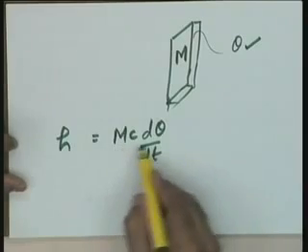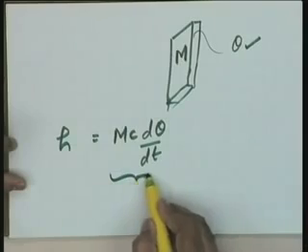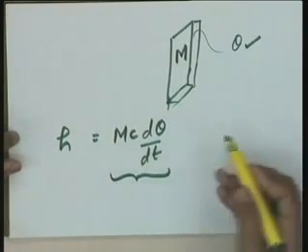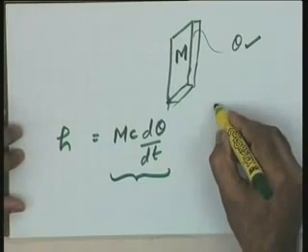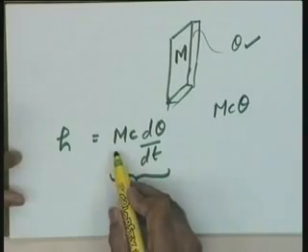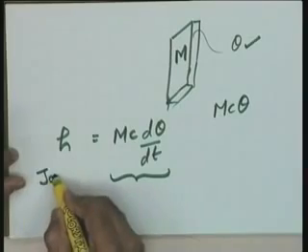You will find that mc theta is the heat storage, and the rate of heat storage is given by mc d theta by dt. So, I am considering it as rate of change of heat storage, because H is in joules per second.